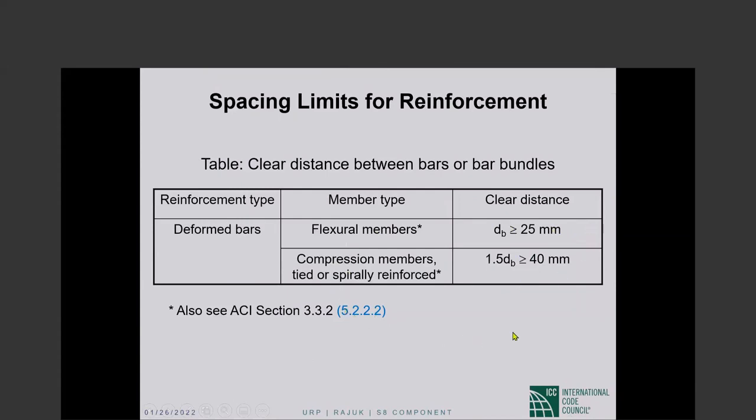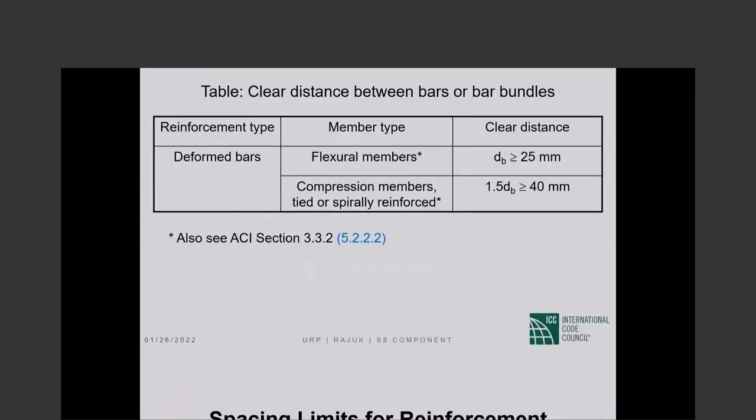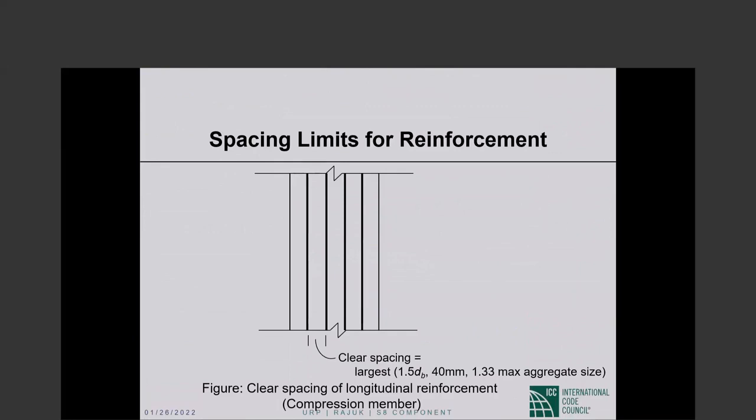Compression members that are tied or spirally reinforced, larger than that, 1.5 bar diameter or 40 millimeters. So this is another representation of the clear spacing between column bars, 1.5 bar diameter, 40 millimeters, 1 1/3 maximum aggregate size.